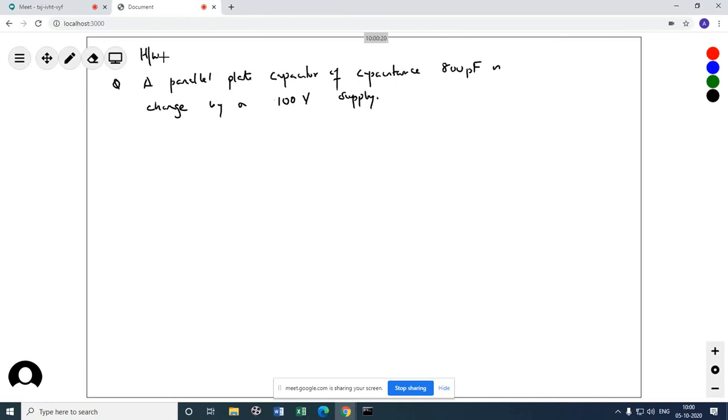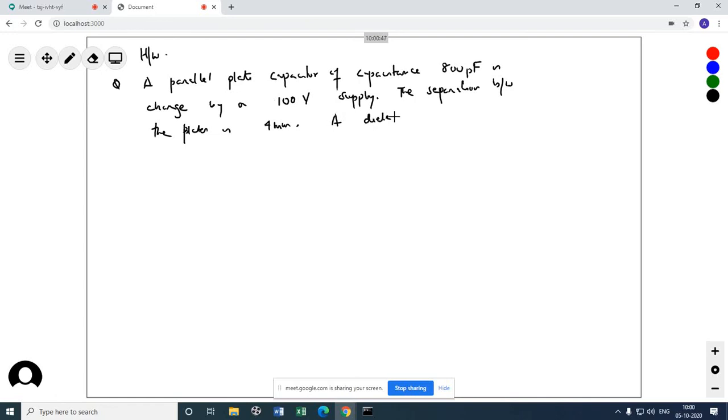This is your homework. The separation between the plates is, I'm keeping the same value, 4 millimeter.